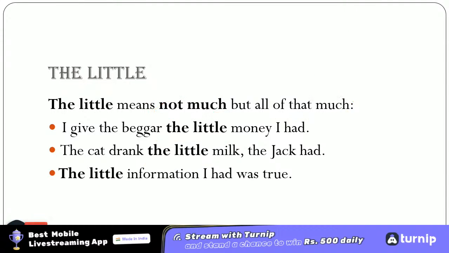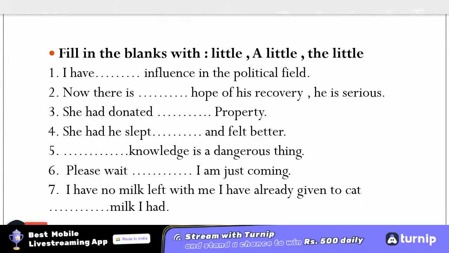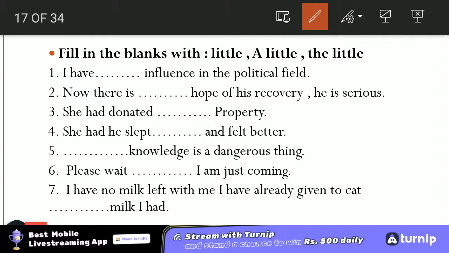सिचुएशन हो, the little. So now, since we have talked about little, a little and the little, a simple exercise which will help you to revise कि कहाँ पर अभी तक आपने जो rules पढ़े हैं, where to use little, where to use a little and where to use the little.